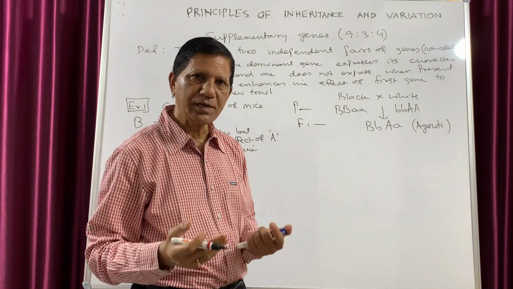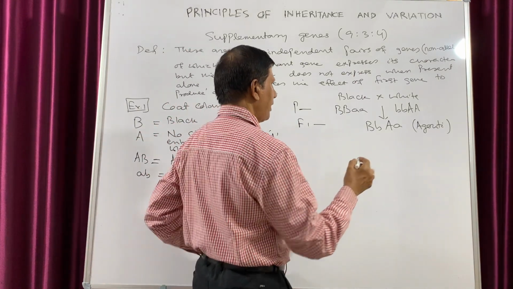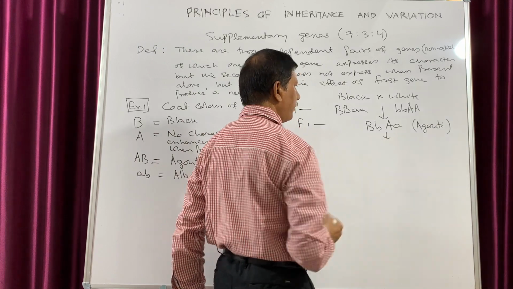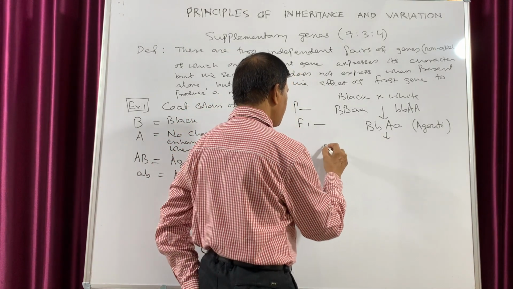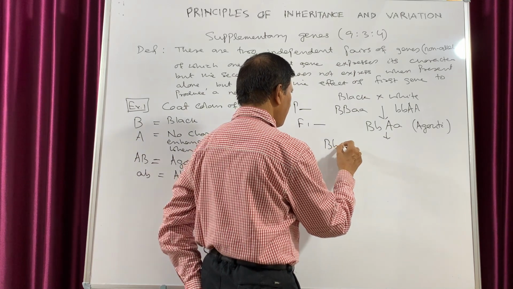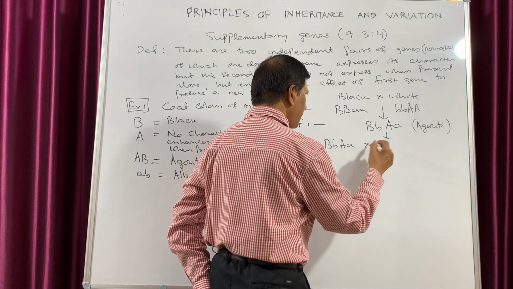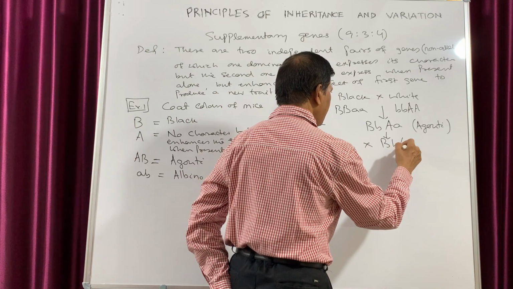In the F2 generation, what is happening, you see. When this is selfed, that means we make a cross between capital B, small b, capital A, small a, with another one, capital B, small b, capital A, small a.